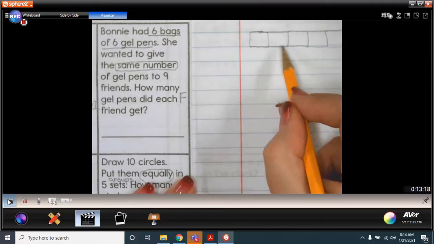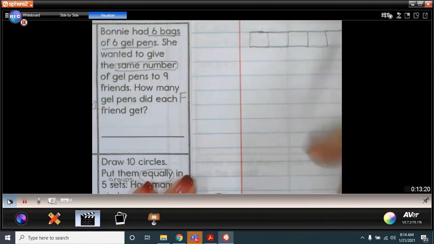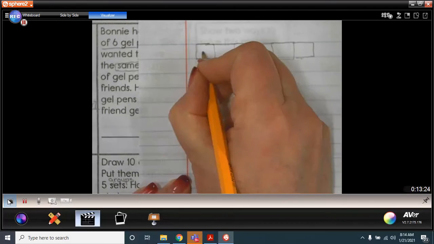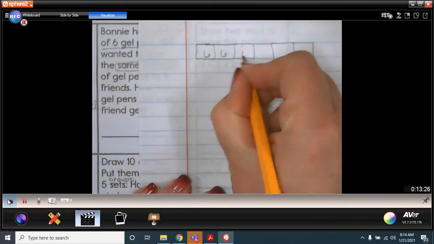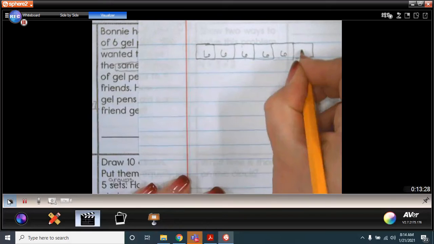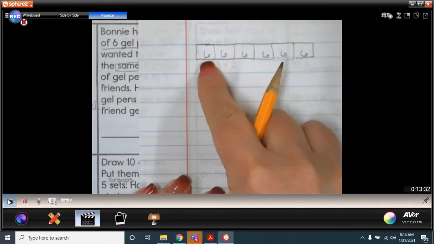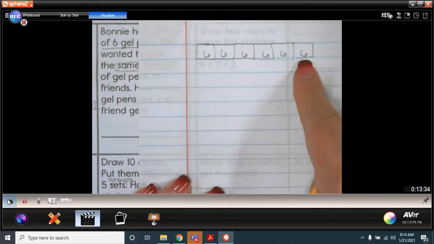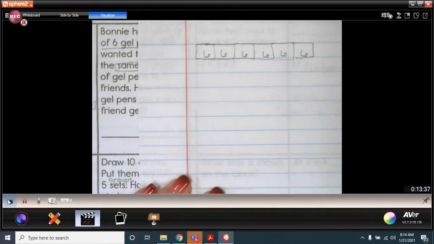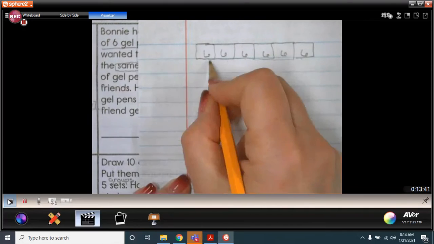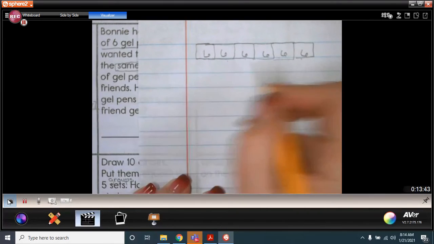I have 6 packages. I'm just visualizing what's going on in the problem. They told us there are 6 gel pens in each package. And I'm just going to be quick about this and not have to worry about drawing tally marks. I'm just going to put it in there, and now I'm going to add them up. How many gel pens do I have?